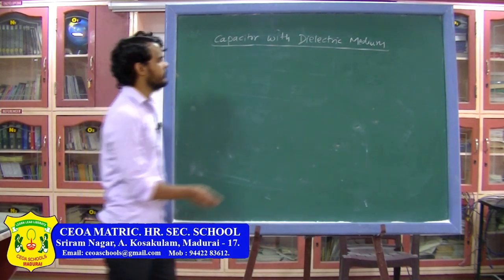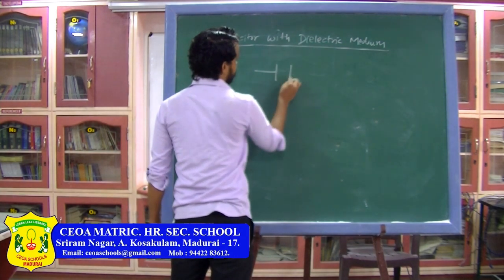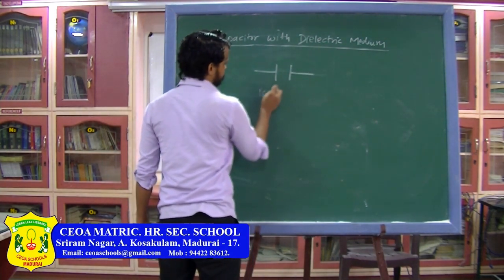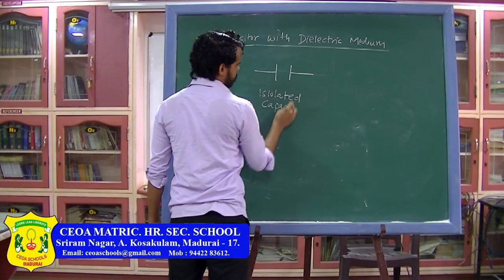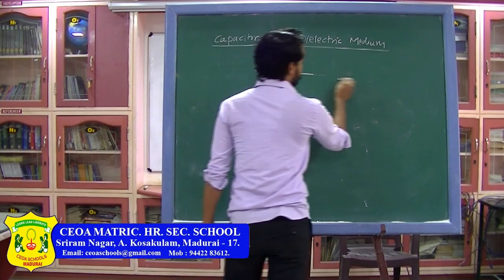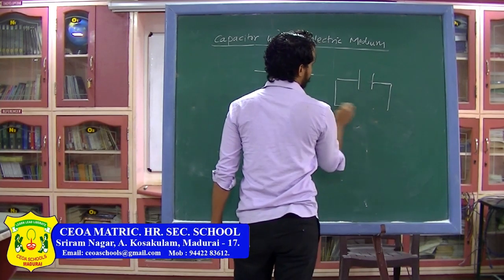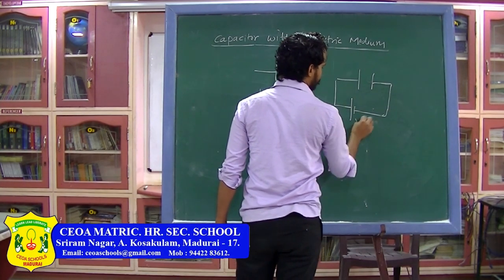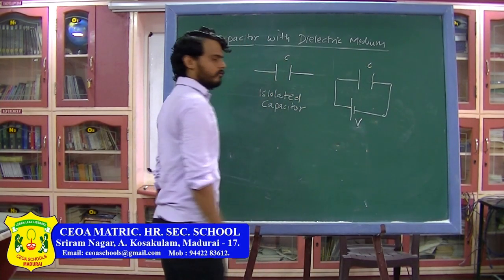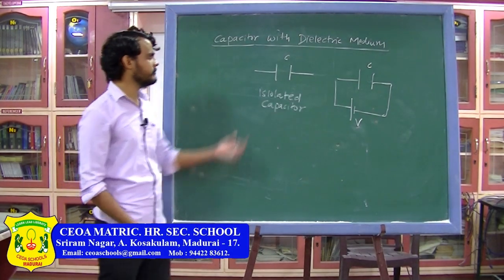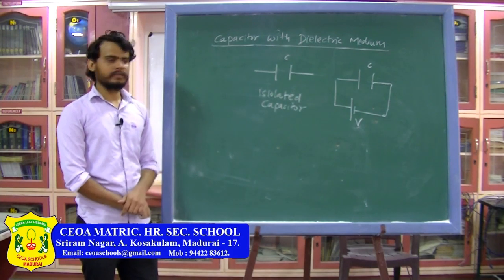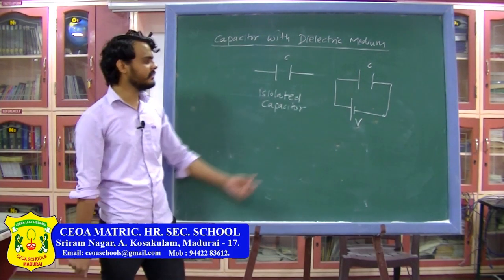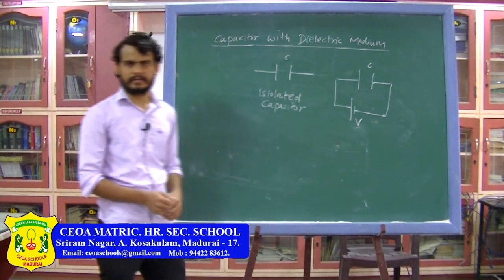So there will be two cases: one isolated capacitor and another capacitor which will be connected to a battery, and we are going to insert the dielectric slab.